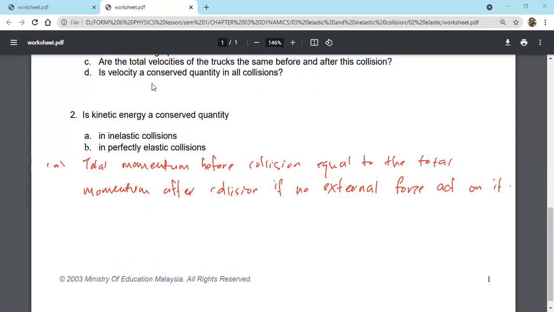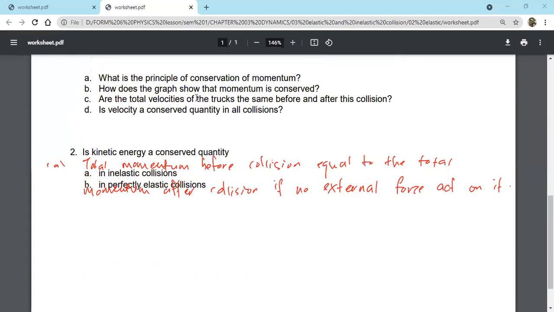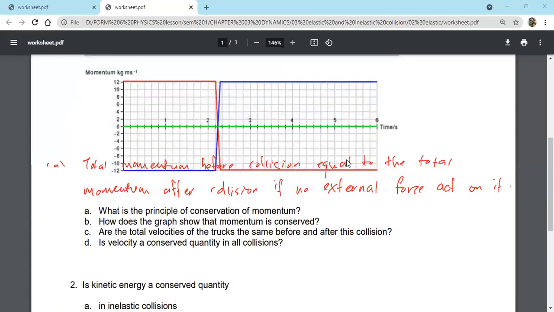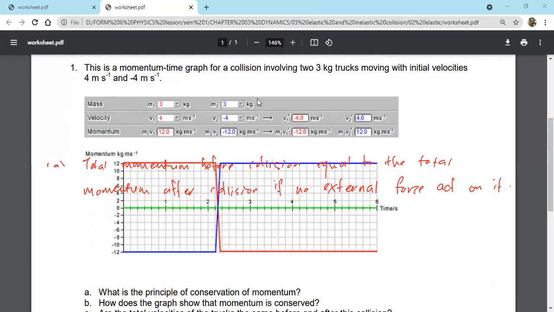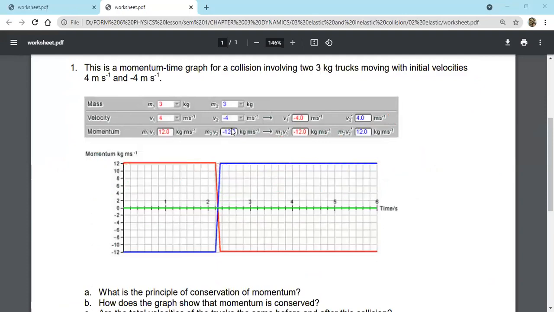Question two: how does the graph show the momentum is conserved? We find the total momentum before and the total momentum after. Before the collision the momenta are 12 and negative 12. After the collision, negative 12 and 12.